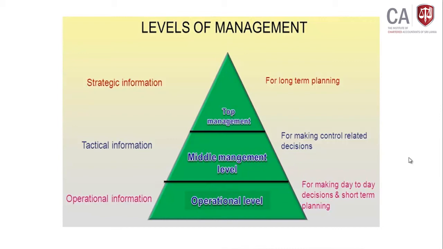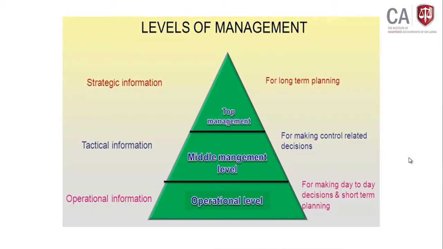The tactical information coming to them is taken as a summary. Then they know what they have to do with controlling. For day-to-day decisions and short-term planning, they do day-to-day decision making and short-term planning.